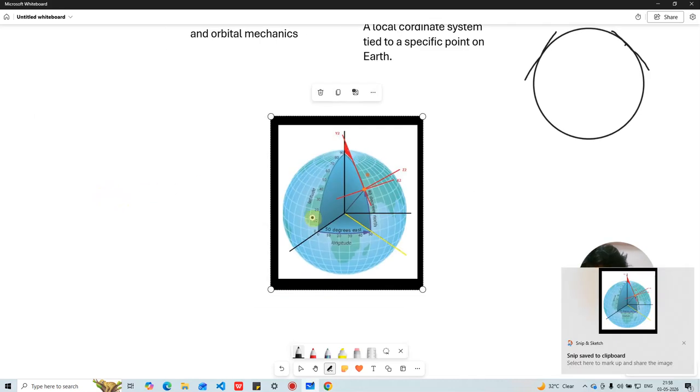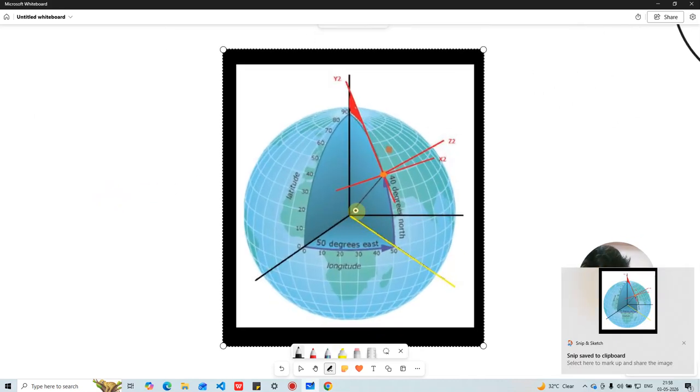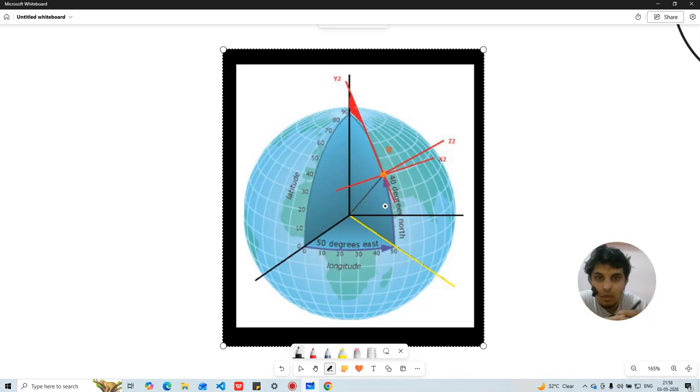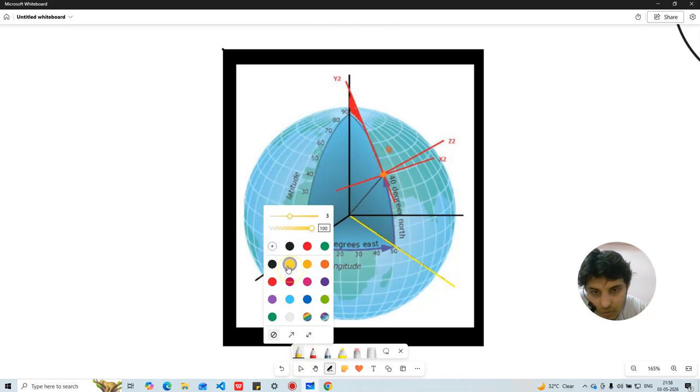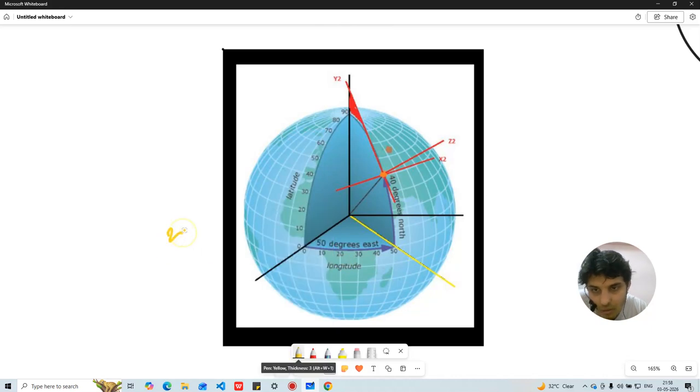Okay, so what's visible over here? Here is a cross section of the Earth, and lots of wires. Let's put a yellow pen.